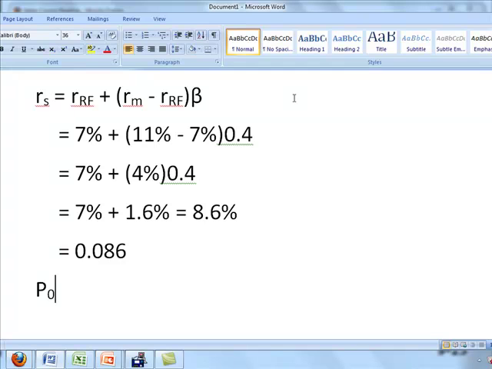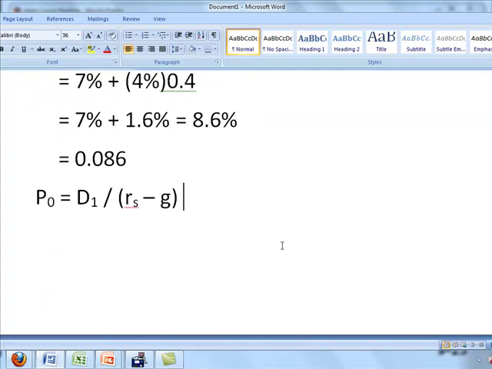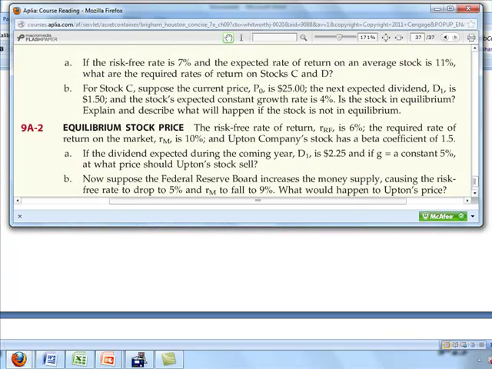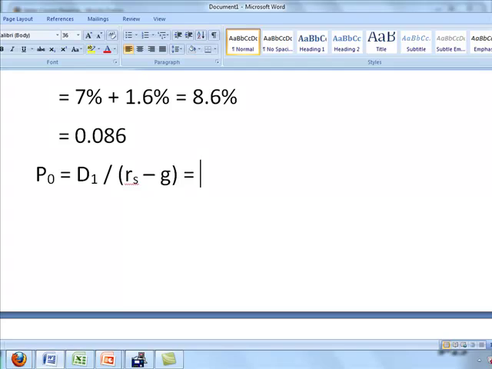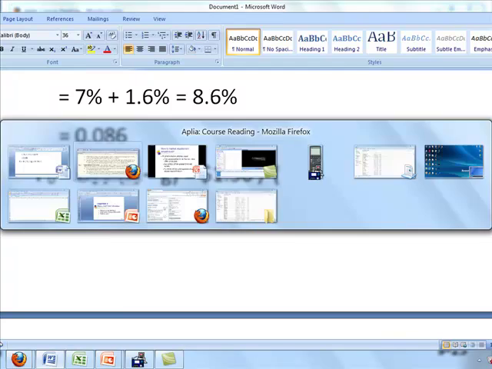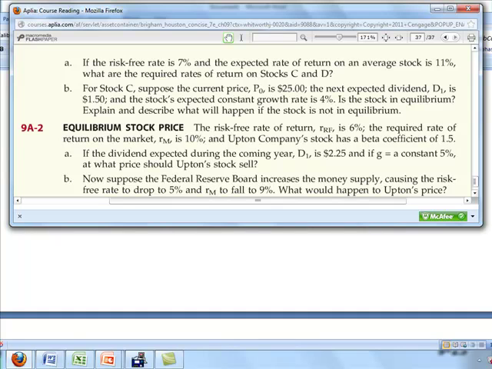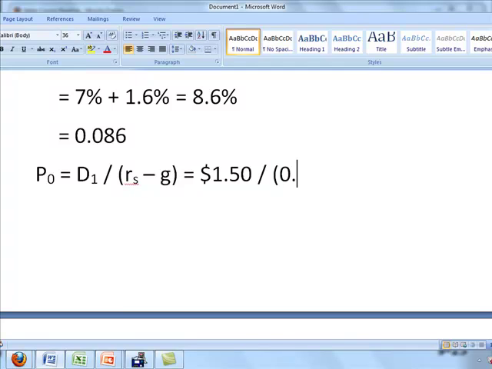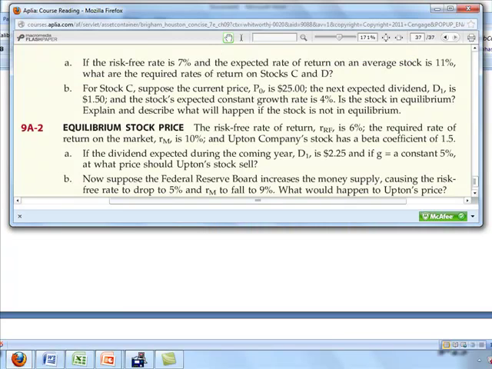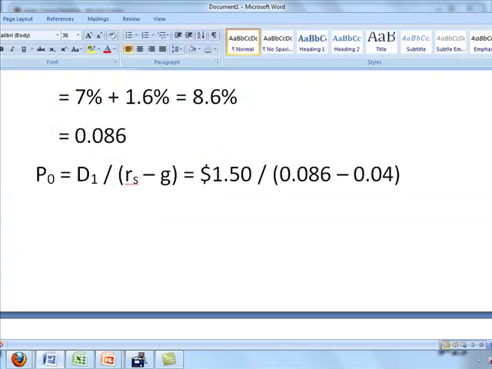Okay, the price of the stock, P0, should be determined in a constant growth setting by this formula, D1 over RS minus G. And D1 is given as $1.50. The required return was calculated in the previous step as 8.6%, and then the growth rate is expected to be 4% long term.